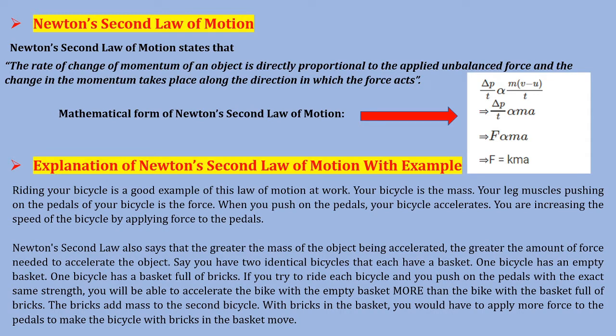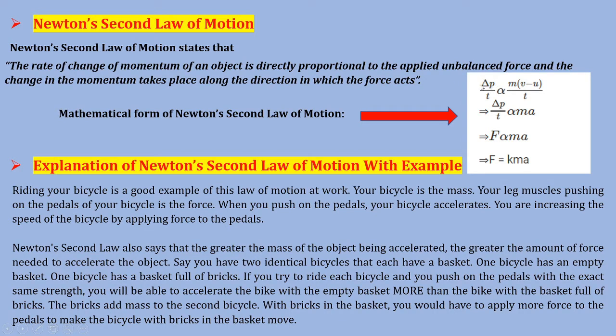Now, the mathematical form of Newton's second law of motion is as follows, where you can see that rate of change of momentum, that is change in momentum with respect to time, is directly proportional to the applied force, and the change in the momentum takes place along the direction in which the force acts.